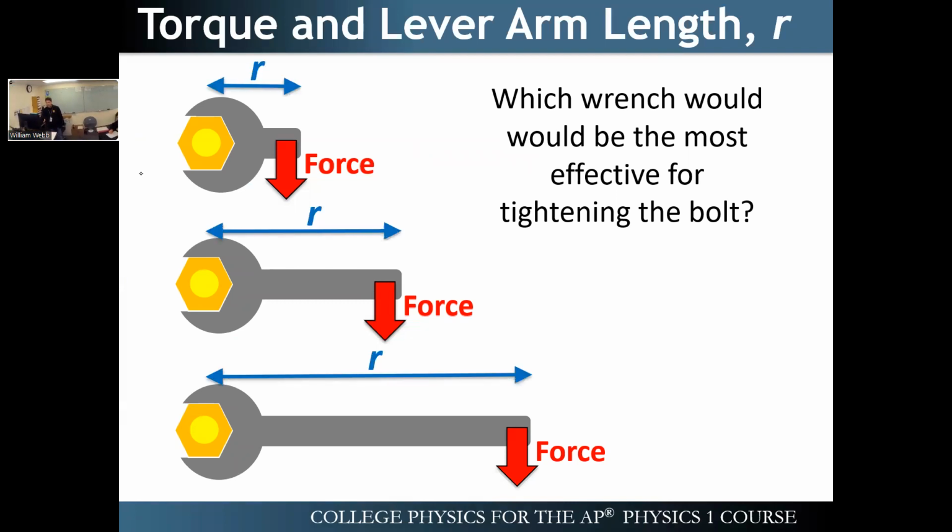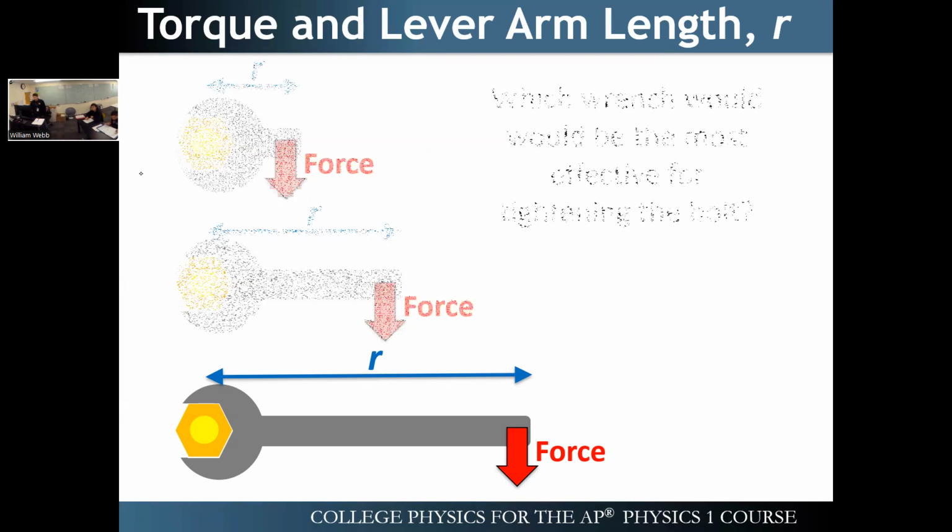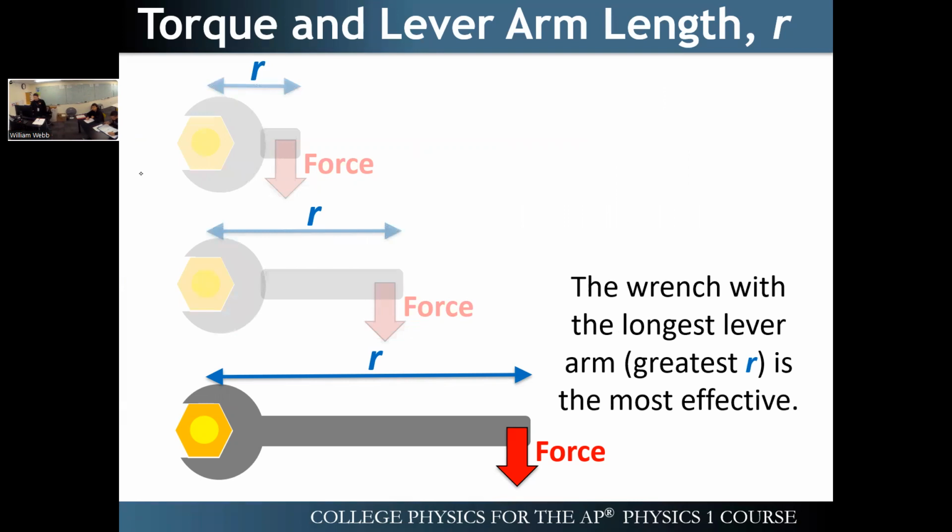The bottom one has the longest radial distance, because remember, we are pushing to make it rotate, right? So it's going in a circle in a sense, it's rotating around a center. And so we could call that distance where the force is from that axis of rotation a radius. And that's where the R comes from in the equation. All right, so the wrench with the longest lever arm, the greatest R value, would be the most effective.